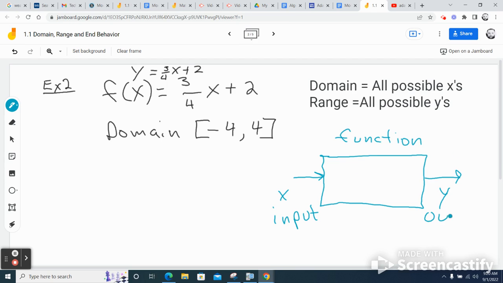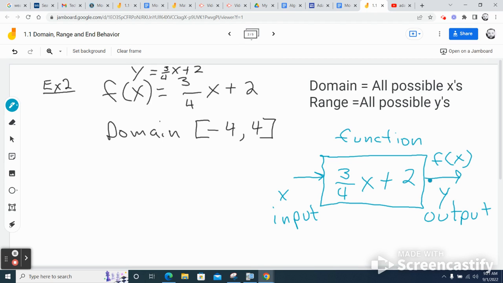We sometimes call that an output, but for a very specific function, we call it f of x. So my x value is a number that I plug in, and in this particular case, my function is 3 over 4 times x plus 2. Okay?